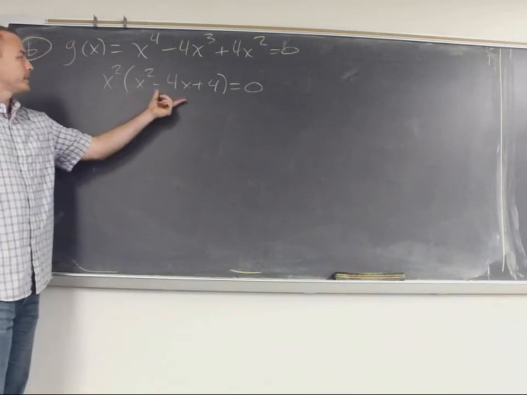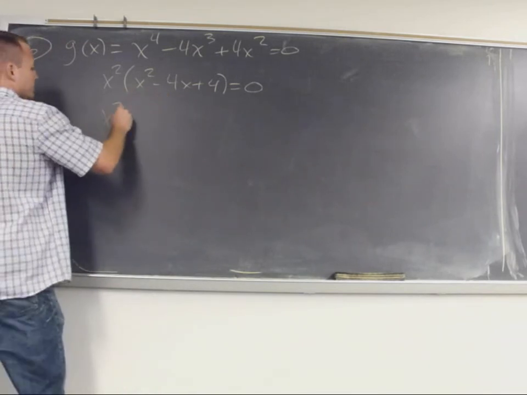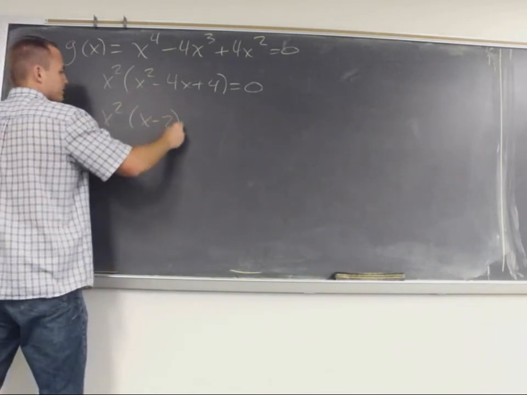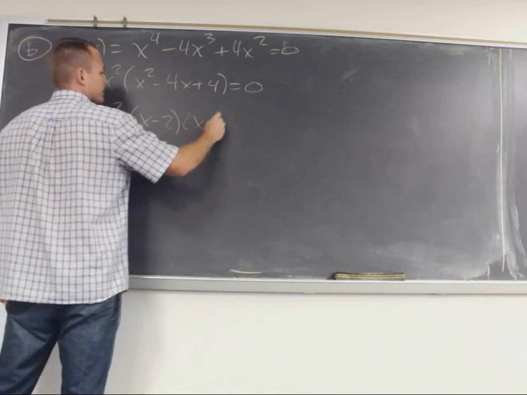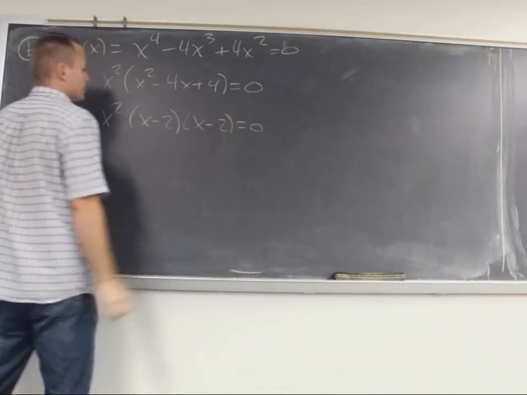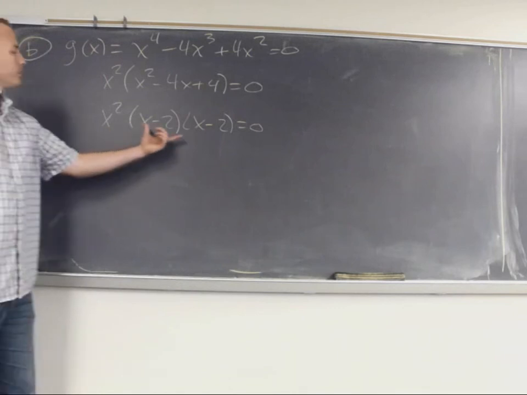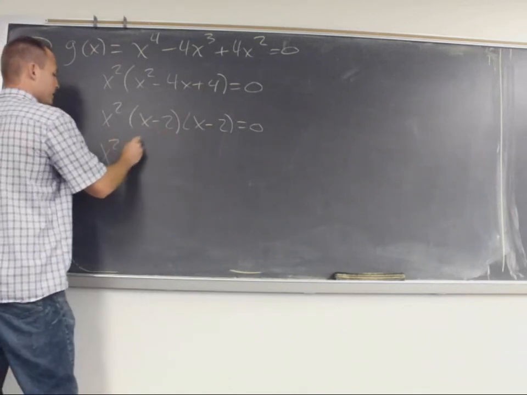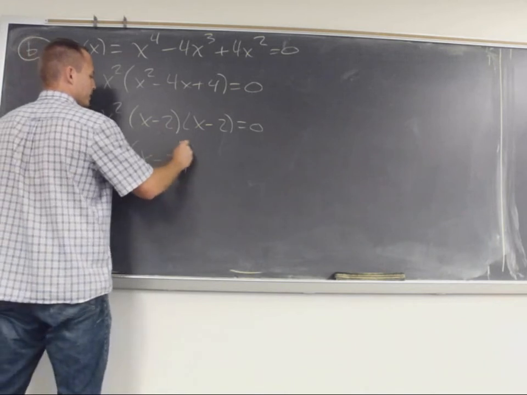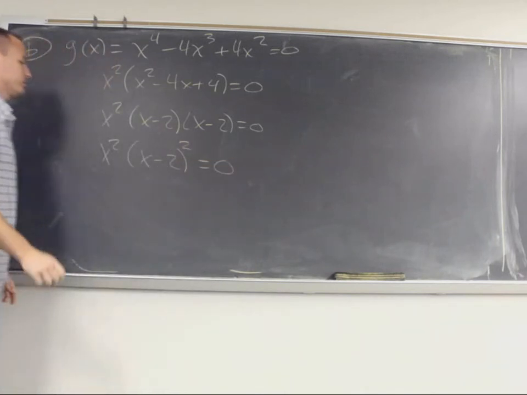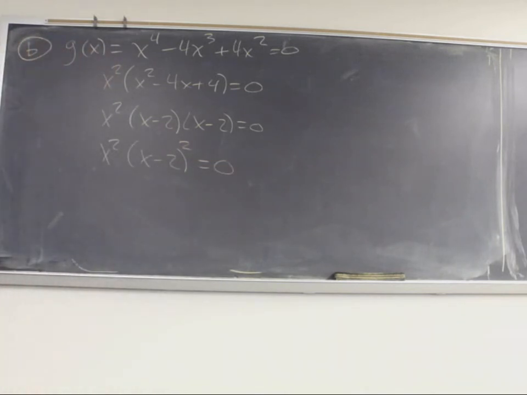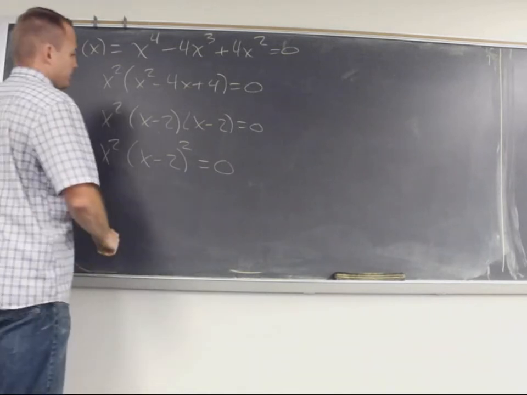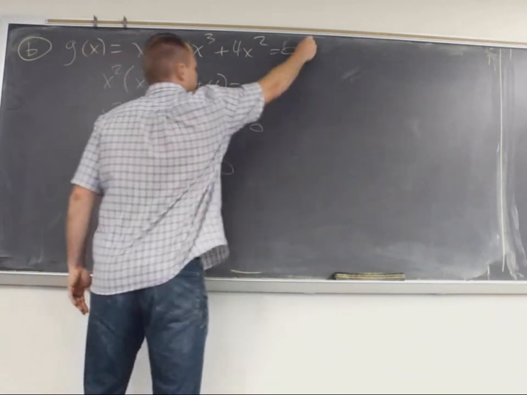So we can do the AC method on this portion. So x squared, then when you do the AC method, you get x minus 2 times x minus 2. And here's the trick. You have to make sure to know to combine these two. So you get x squared times x minus 2 squared is equal to 0. And then now we can separate these. And I'm going to do that over here.